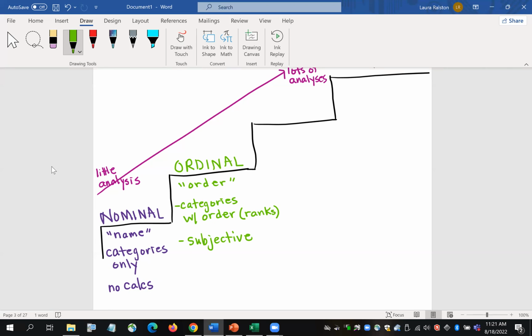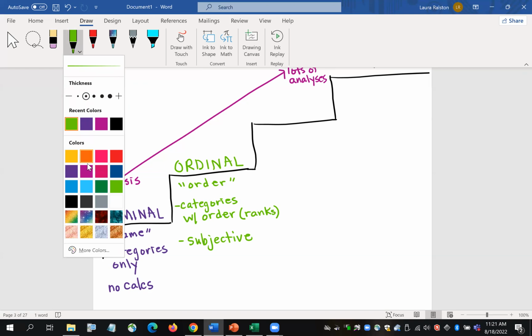You may be first, second, or third, but that was open to the interpretation of the judges. For example, my brother-in-law does competition barbecue, and one week he may win first place, but then the next week he goes to a different competition with different judges, and maybe he only places third. So again, it's very subjective and open to the interpretation of the judge or the researcher or the person of interest.